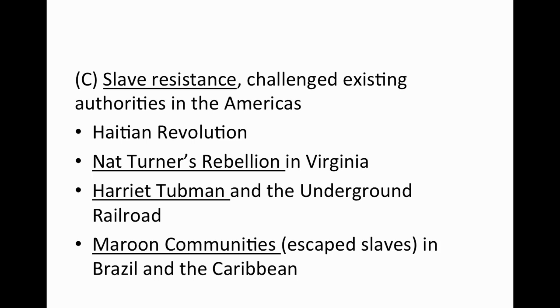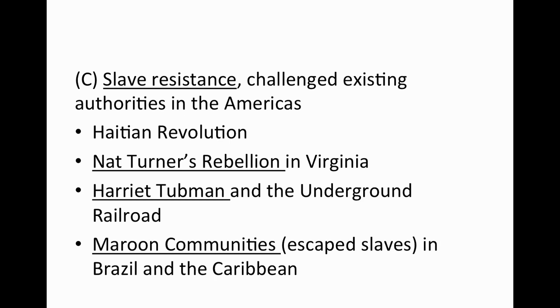Subconcept C states slave resistance challenged existing authorities in the Americas. Be able to identify an example of a slave rebellion. The Haitian Revolution is a great example of that. Nat Turner was a slave in Virginia who probably led the most successful rebellion in the United States, even though he was caught and killed. He murdered dozens of slave owners and family members in Virginia. Harriet Tubman, obviously we know who she is.